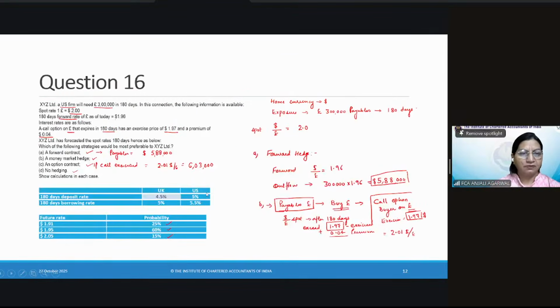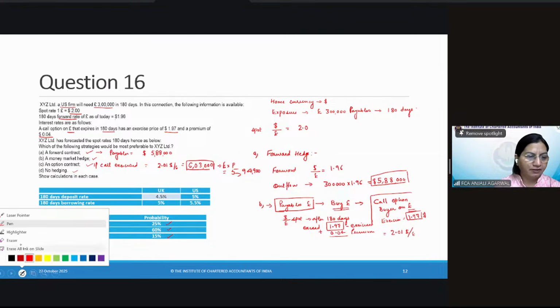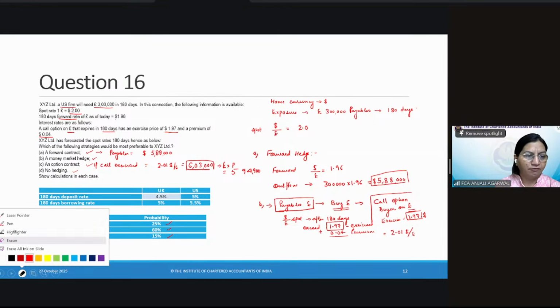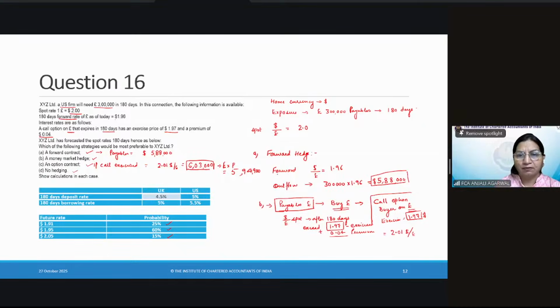Okay. So we did have 603, but the probability of 603 was only 15%. So using probabilities, expected outflow is not 603, but 594,900. Now, if you compare 594,900 with the outflow that was there in the forward plan, under forward hedge it was 588,000, but under the option, it is 594,900.